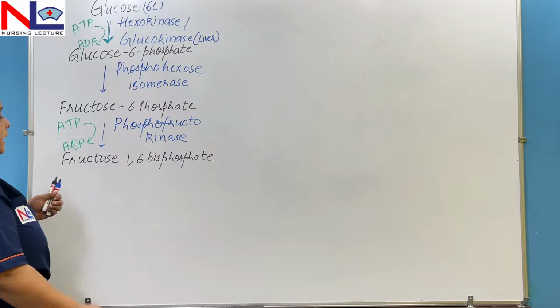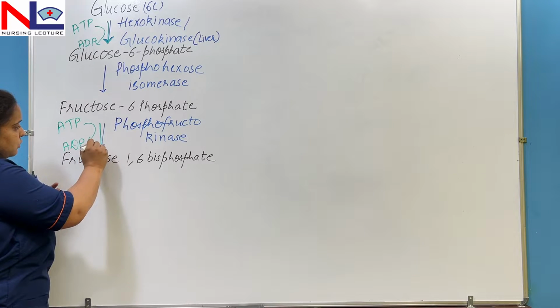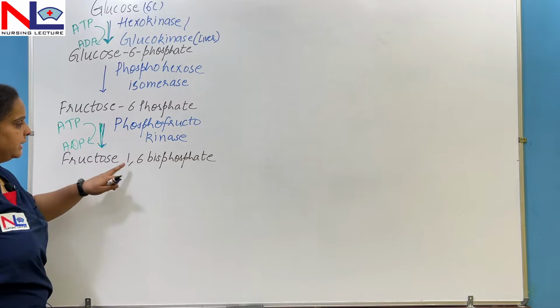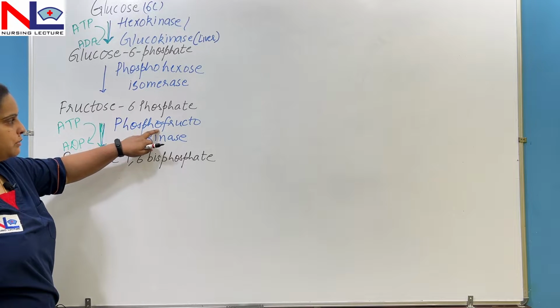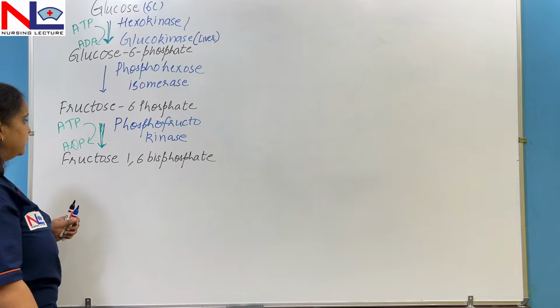Now again the important thing here is that the third reaction is also irreversible in nature. It means it cannot be converted back into this intermediate in the presence of this enzyme. So thereby it is an irreversible reaction.